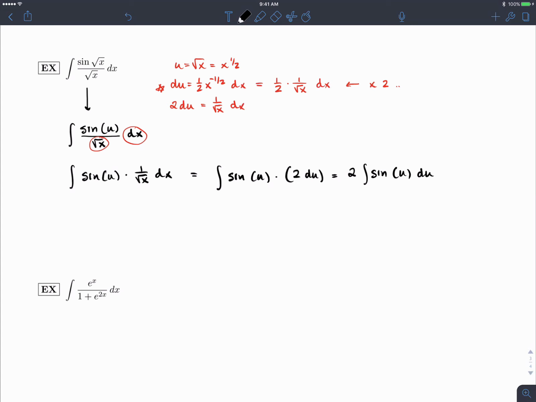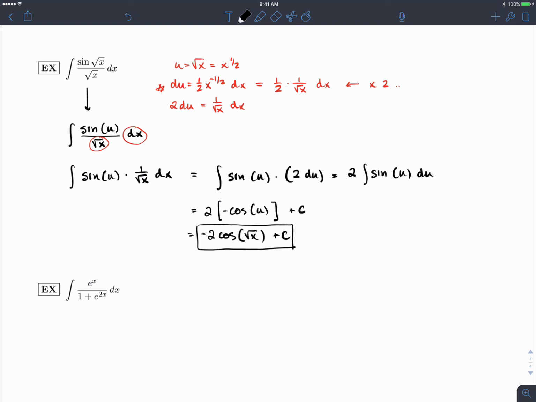Now what we do is we integrate, and we've got 2 times negative cosine of u plus c, and we just clean this up for a final version. So we can write this as negative 2 times the cosine. Our original u was the square root of x, and then we've got our plus c.